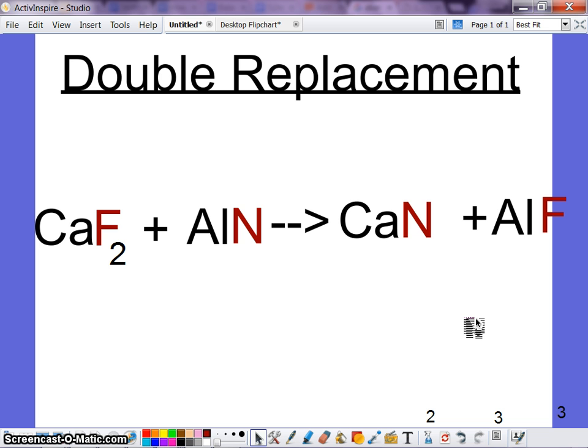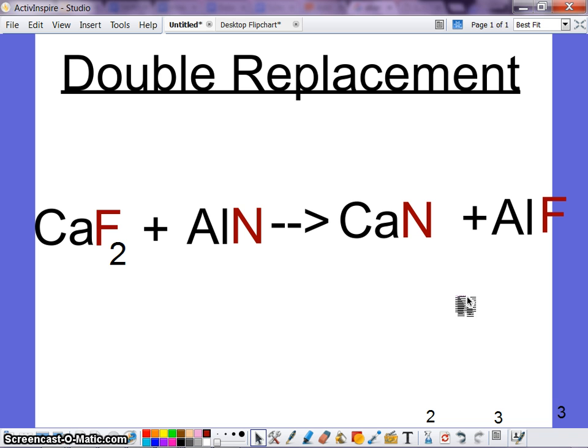We are not done with this problem yet because we have not answered the question about the subscript. We should go back to each compound and check whether or not the compound exists in a 1-to-1 ratio. Calcium's charge is +2. Nitride's charge is -3. That does not exist in a 1-to-1 ratio.